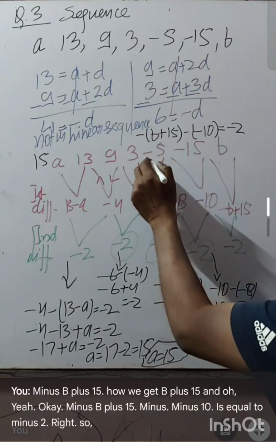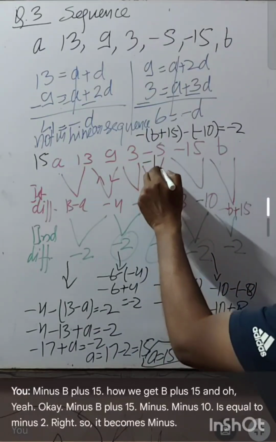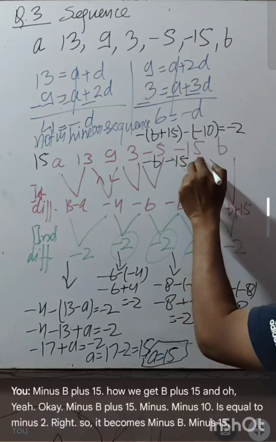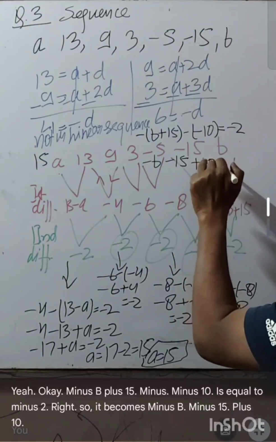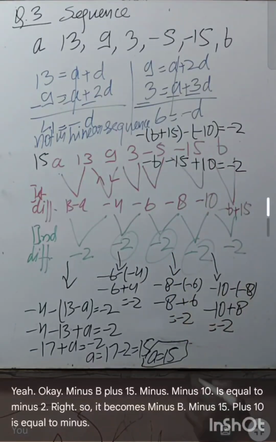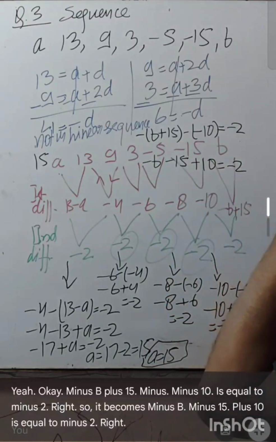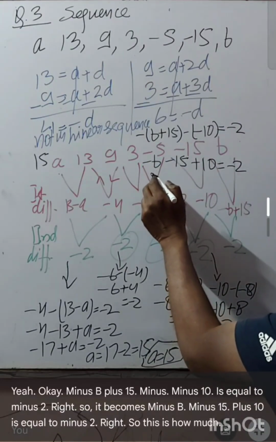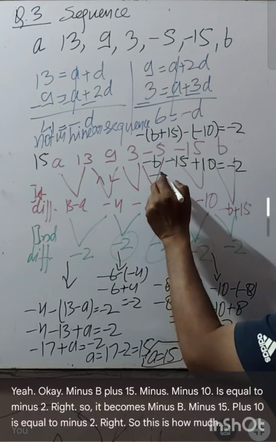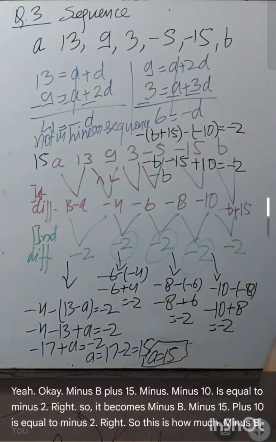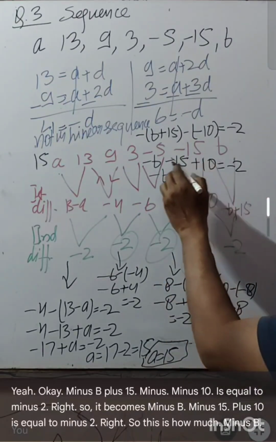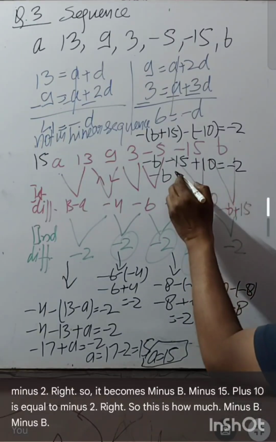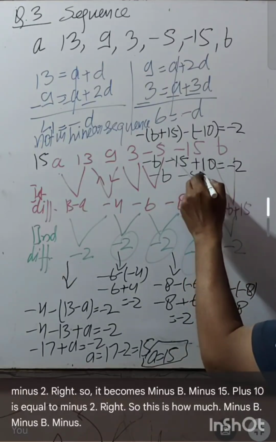So it becomes minus B minus 15 plus 10 is equal to minus 2, right? So this is how much? Minus B minus 5.